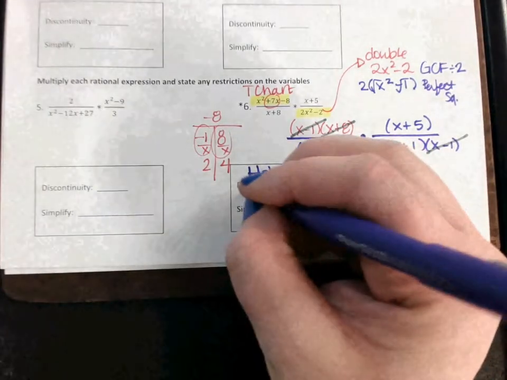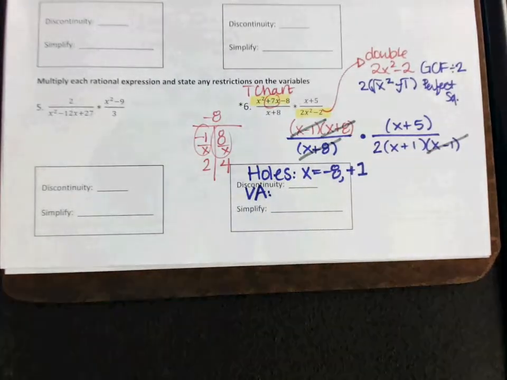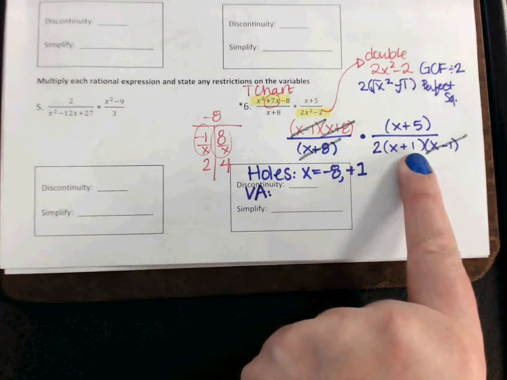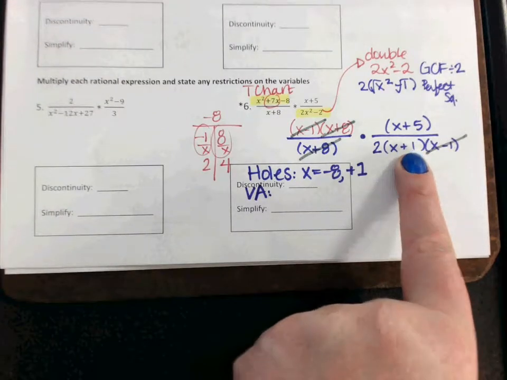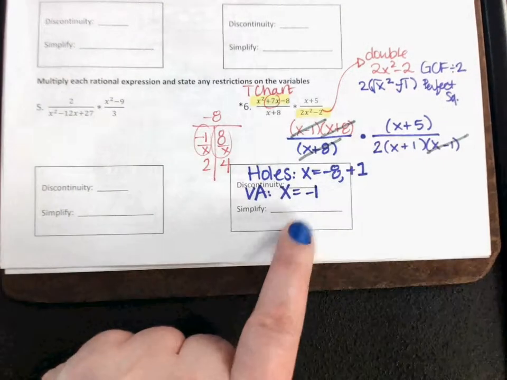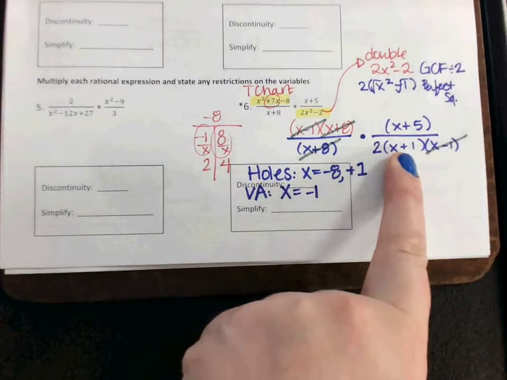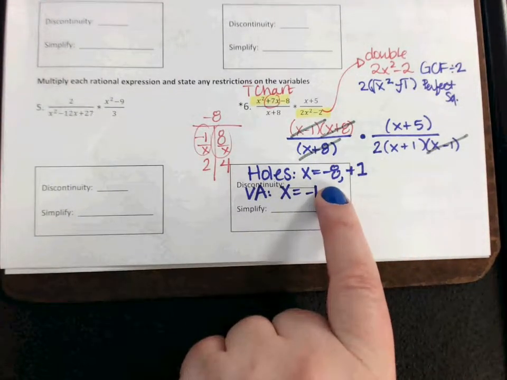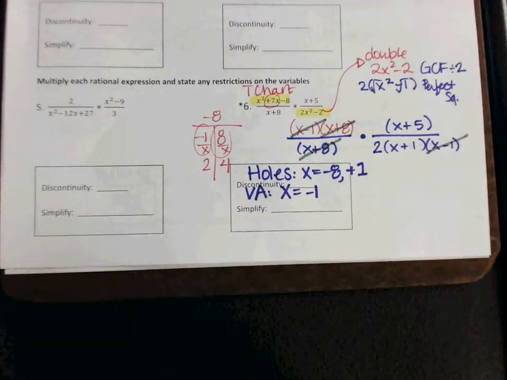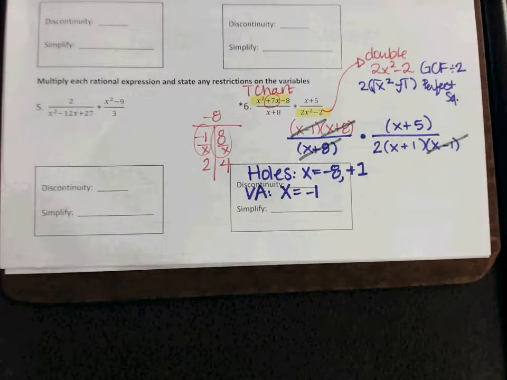Then your vertical asymptotes, your VAs, are going to happen at any x's left over on the bottom. So if I have a plus 1 left over, where will the vertical asymptote be at? Yep, take the plus 1, turn it to a minus 1. Now remember that even though there's a 2 left over on the bottom, there has to be an x for it to count. So that 2 doesn't count as anything.